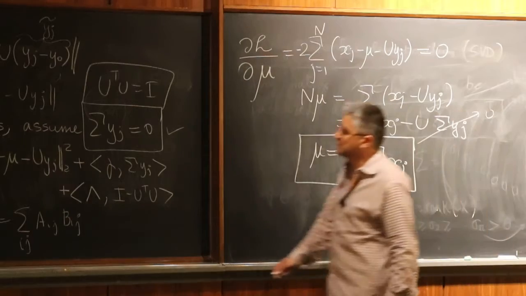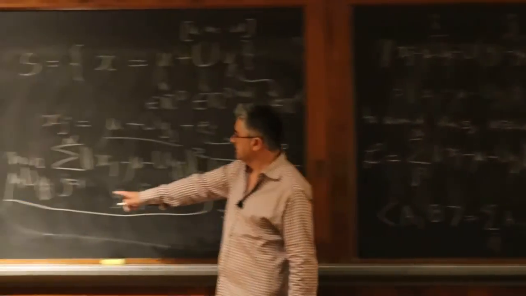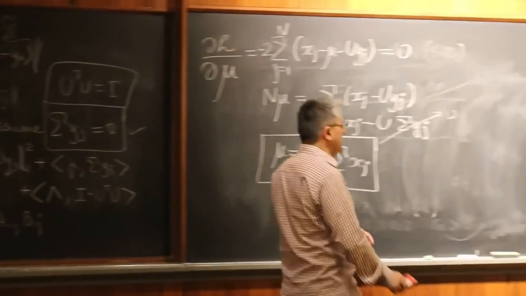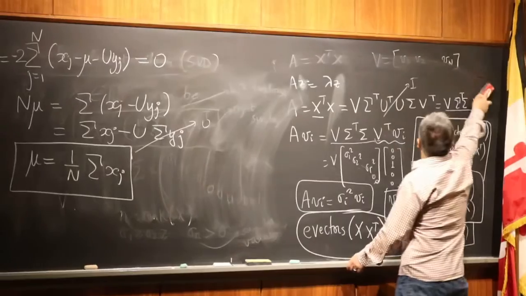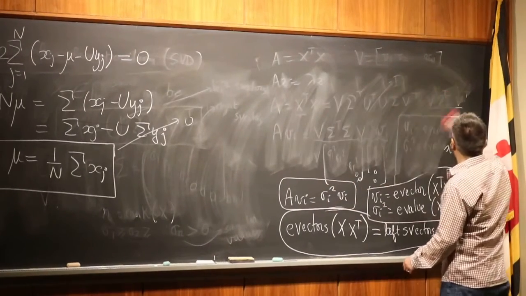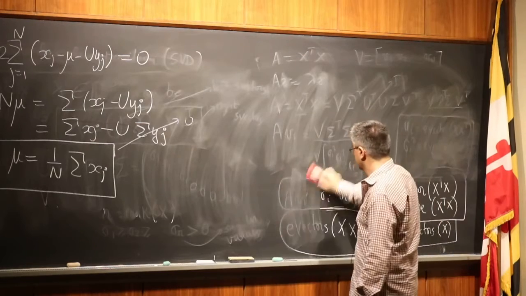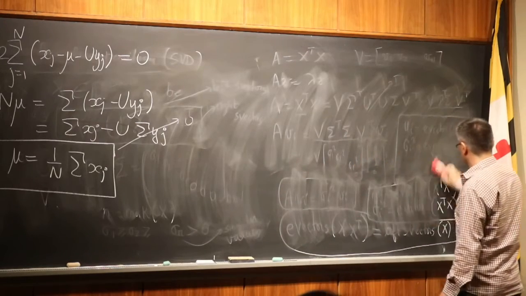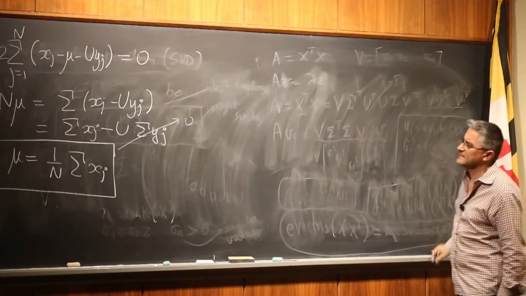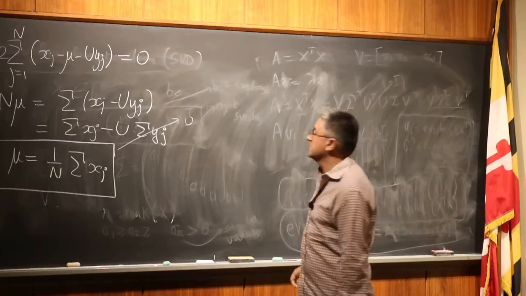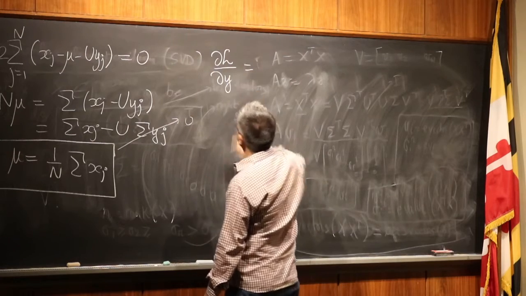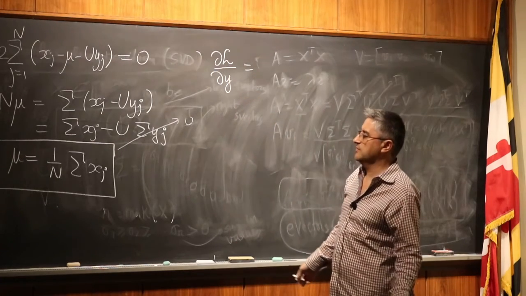So of all the variables, I solved for this. I still need to solve for u, and I still need to solve for y. So let me do y now. Derivative with respect to y. Okay, so the same business as before.